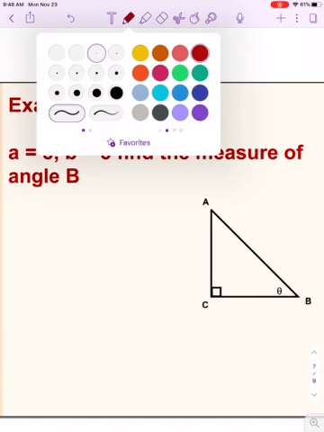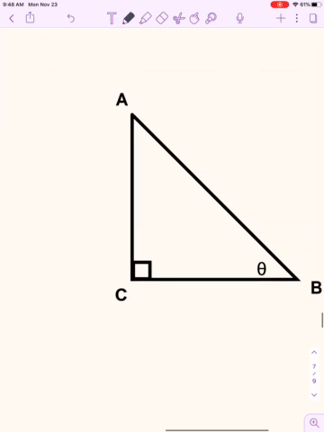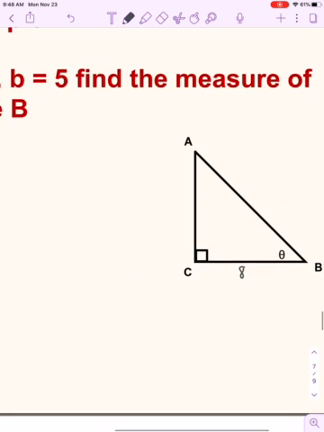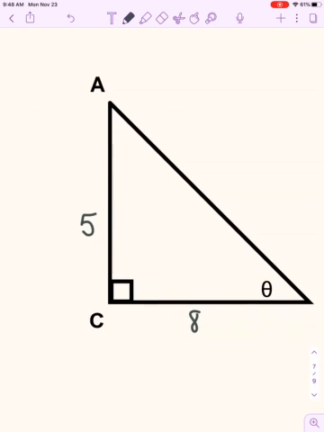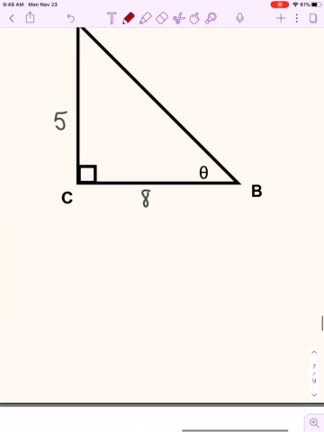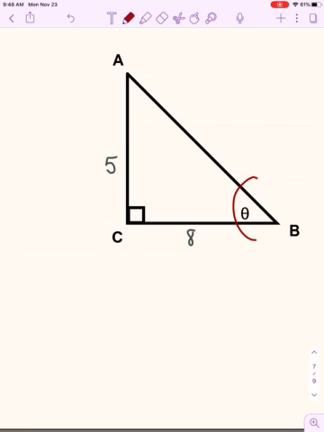This one has a triangle, but I didn't really give you any other information, so we have to fill it in first. Side A across from angle A is 8. Side B across from angle B is 5. We are being asked to find the measure of angle B. So B is my angle of focus, so I'm swooping. In relationship to B, this is my opposite.